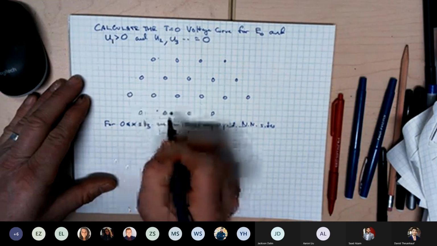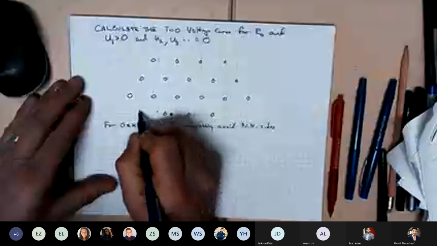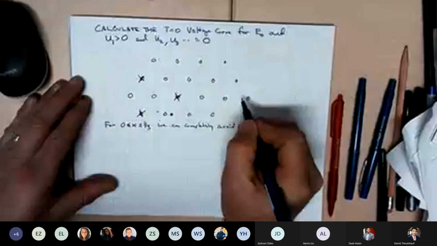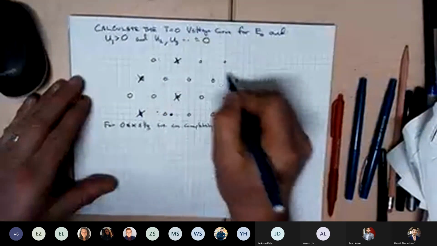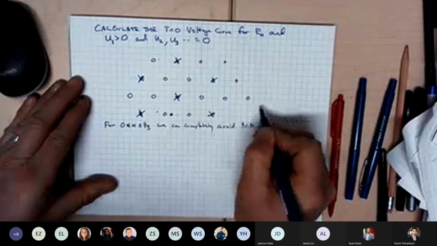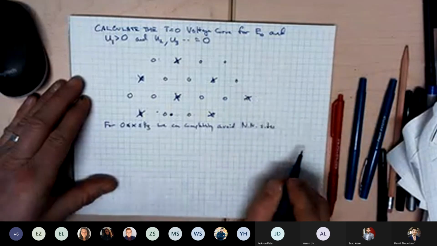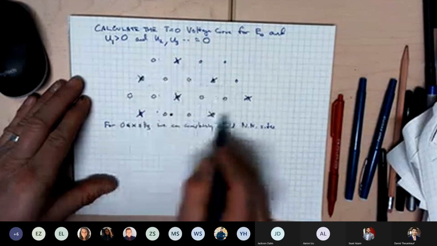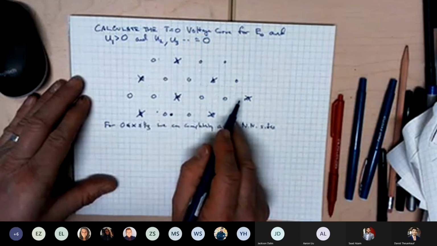I'll use x's for where the lithium's going to go, up to x equals 1/3. We'll completely avoid near neighbor sites and fill up the lattice like that. Okay?